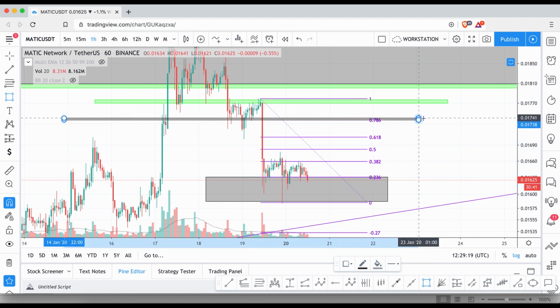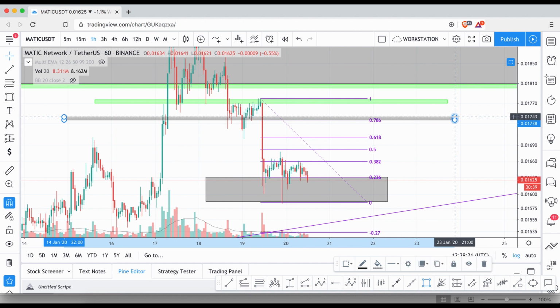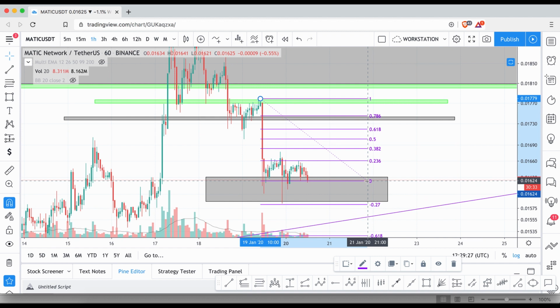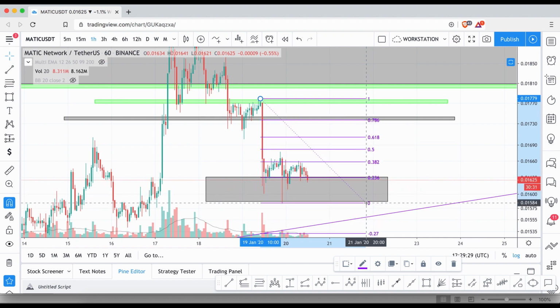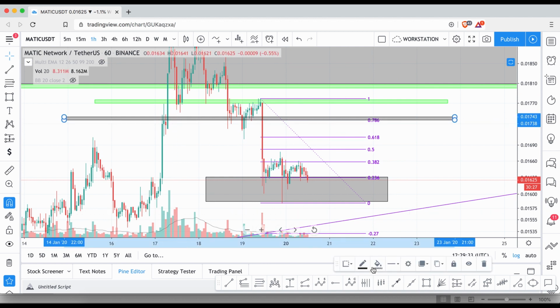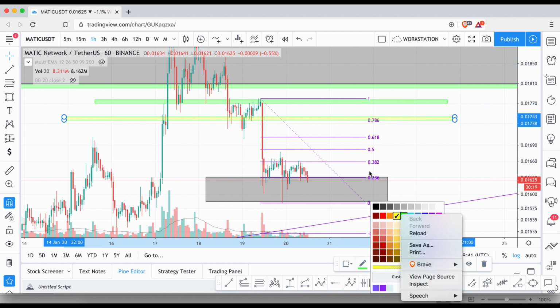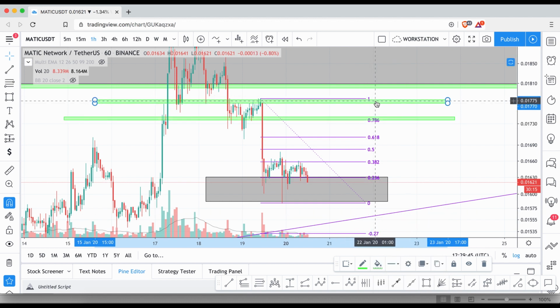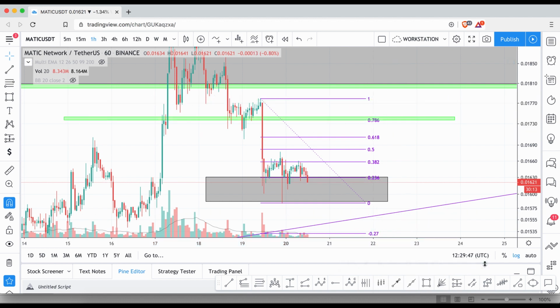So this also can be a possible target. Let's see if we move the Fibonacci a bit. Okay, that's fine by me. Okay, so maybe this can also be a target. Let's make this green, like that. Okay, and this area over here, let's remove this for now.